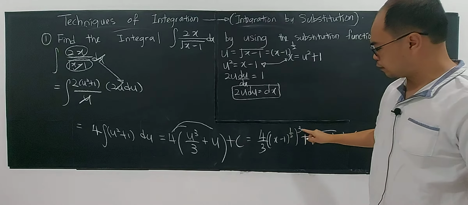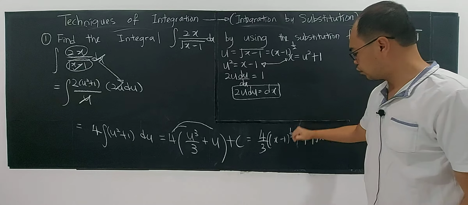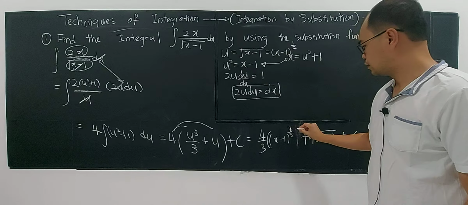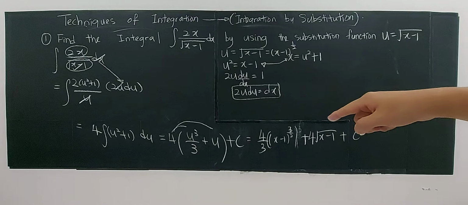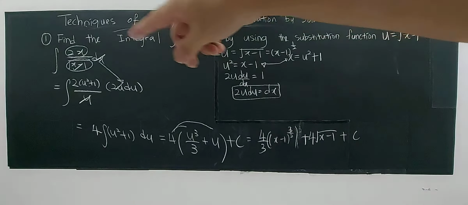And 1 over 2 times 3 is actually 3 over 2, so it is x minus 1 to the power of 3 over 2. That's what you do.